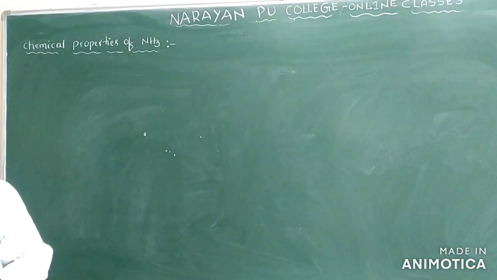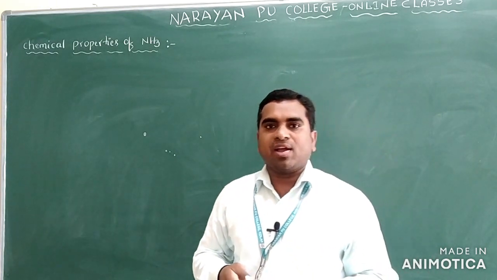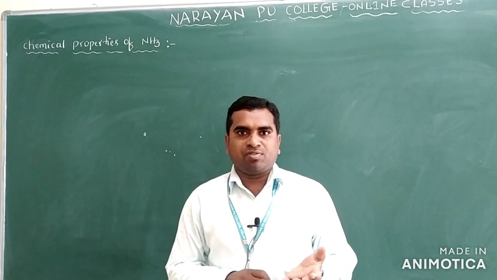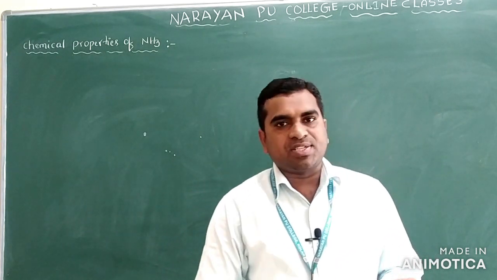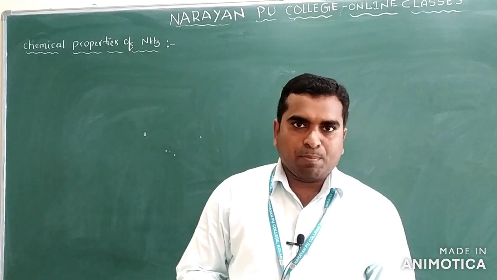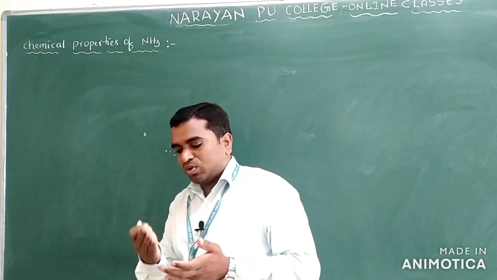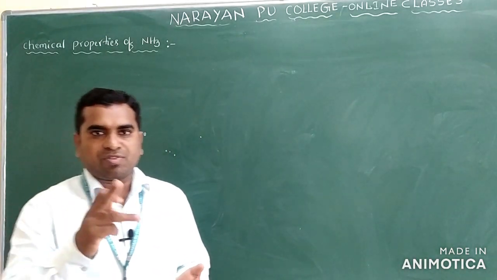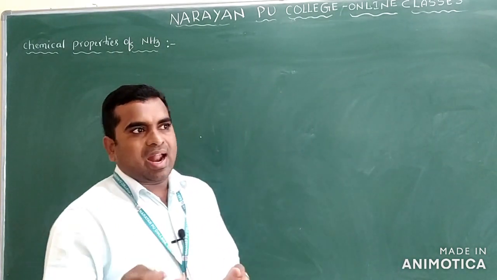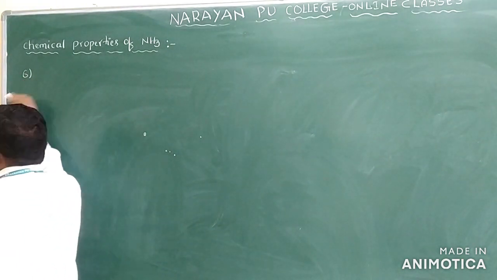So far we have covered the basic nature, reaction with metal salts and formation of complex compounds, oxidation, and reaction with halogens. First is chlorine, which is very important for the PU examination, then bromine and also iodine.